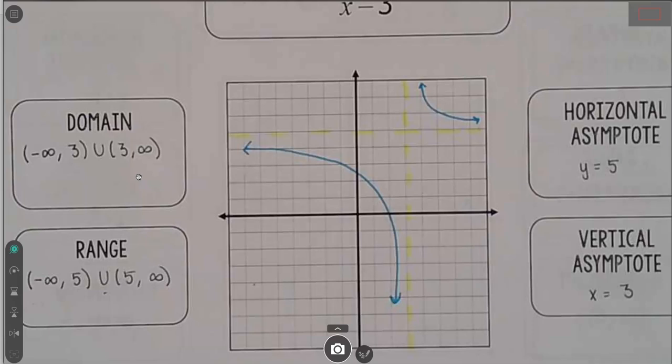Wait, what does that mean? So it's like this side here. Oh, okay, wait, I can do that. There's a negative. Yeah, so it flips over the x-axis.